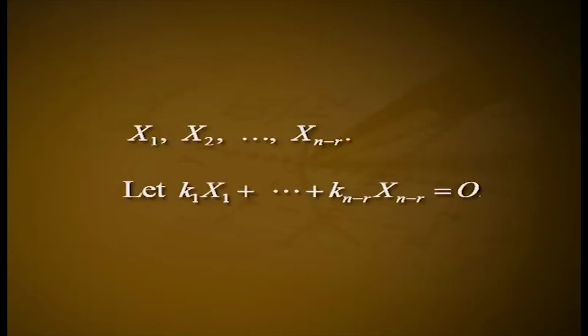We now show that these n minus r solutions form a linearly independent system. We rewrite these solutions as x1, x2, etc., xn minus r. Let k1 x1 plus etc. plus kn minus r xn minus r is equal to 0.